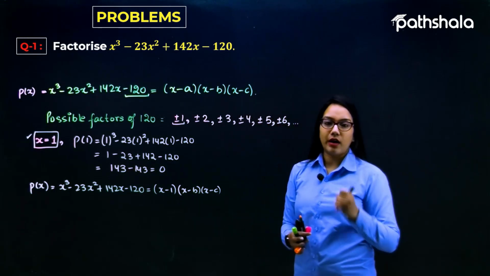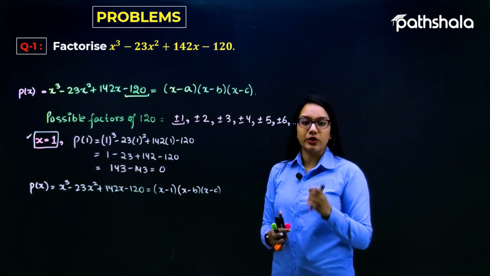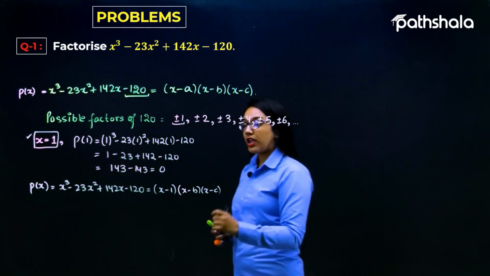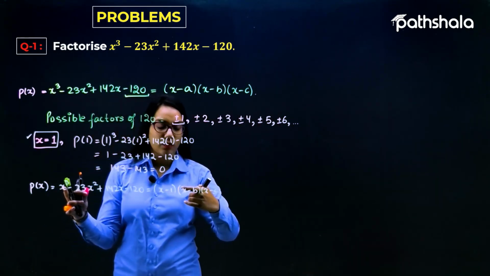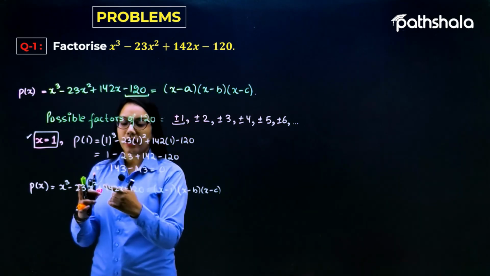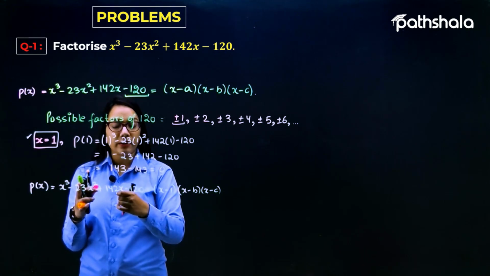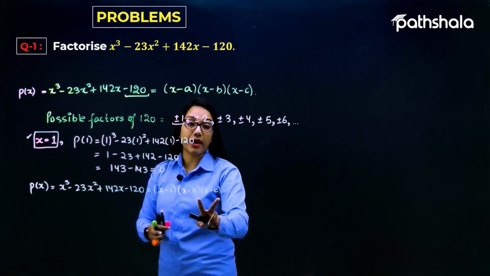I am finding the further factors using the division method. Since the cubic polynomial is (x minus 1)(x minus b)(x minus c), x minus 1 can divide it, and after the division the quotient will be (x minus b)(x minus c).